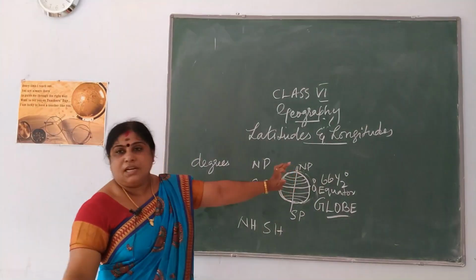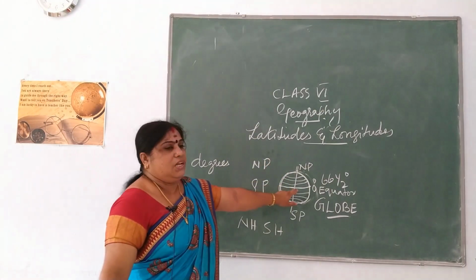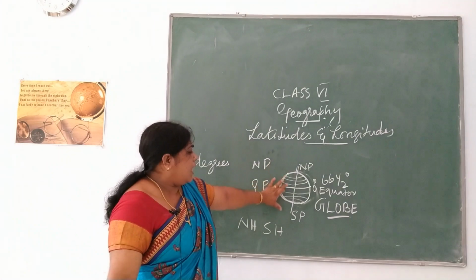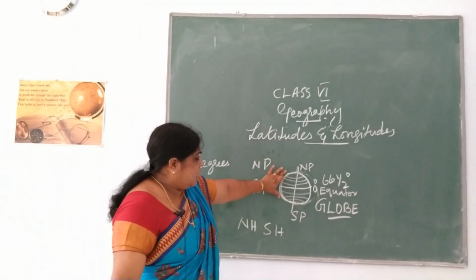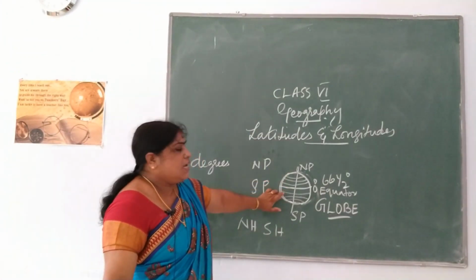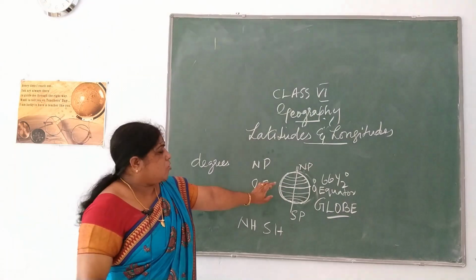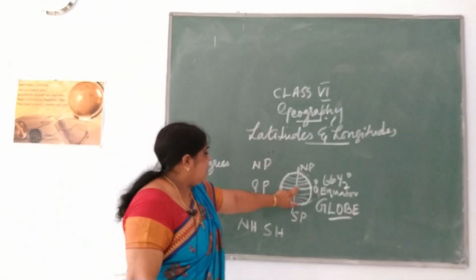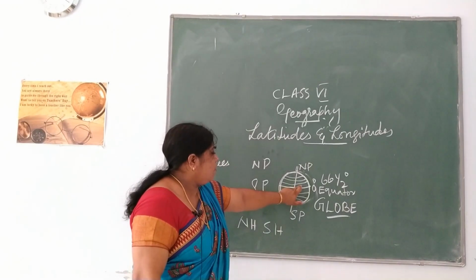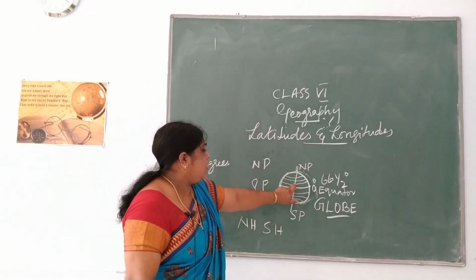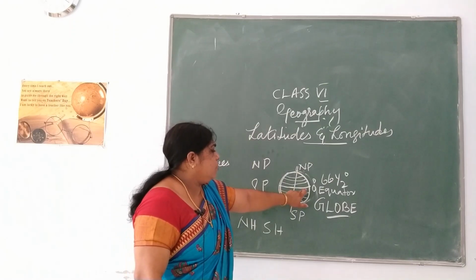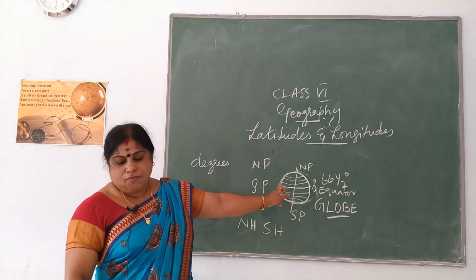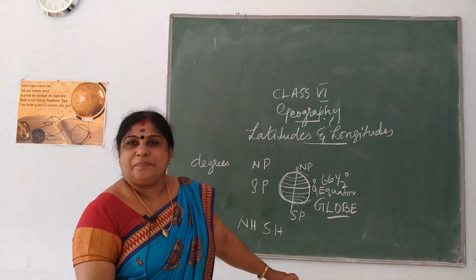It's an imaginary line which divides the earth into two equal halves, northern hemisphere and southern hemisphere. These lines are also called lines of latitude, because they are drawn parallel to the equator. Together you call them parallels of latitude.